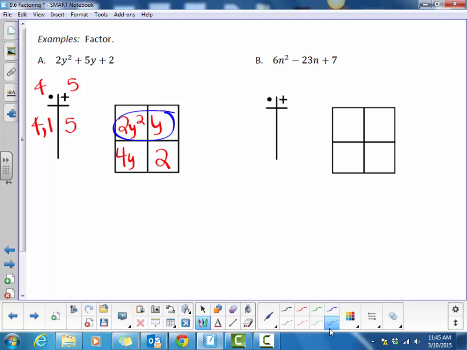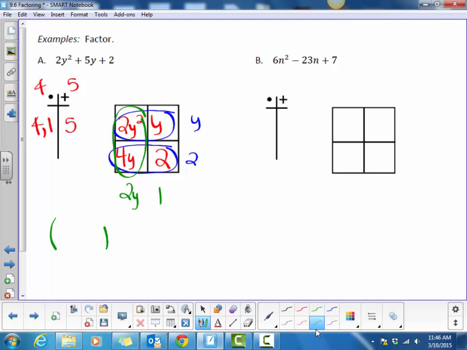So what is the greatest common factor in this row, Stella? Just y. Very good. And what about this row? 2. Okay. Riley, greatest common factor in this column? 2y. Awesome. Greatest common factor in this column? Awesome.